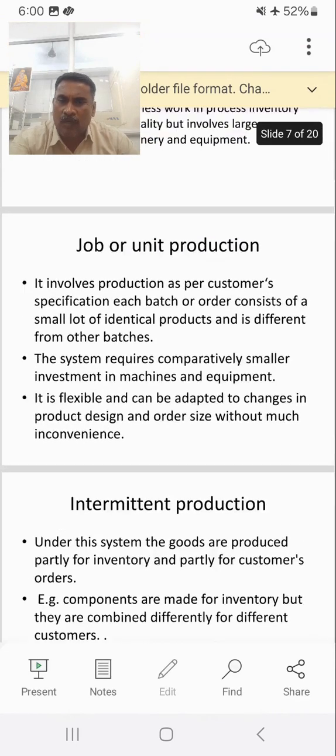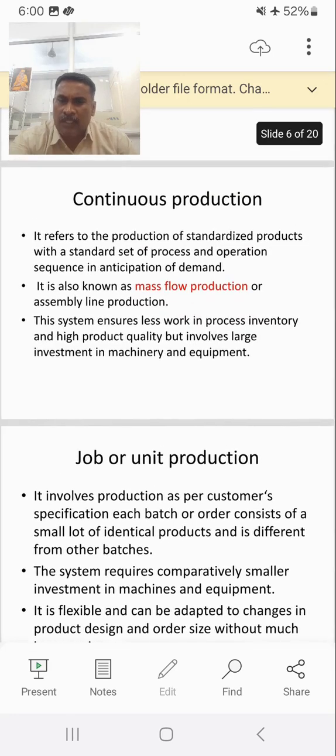And continuous production is otherwise called mass production. The same type of product is manufactured, standardized products with a standard set of processes or operation sequence, and because of the demand it is manufactured continuously.